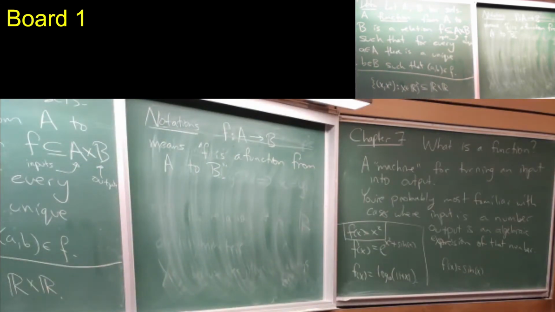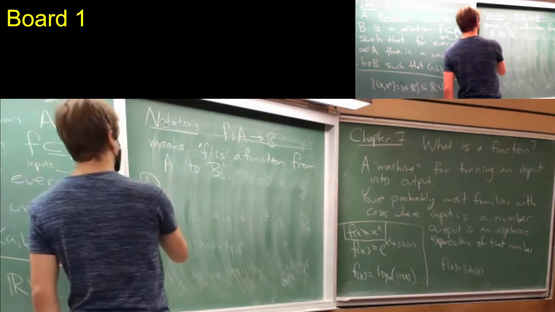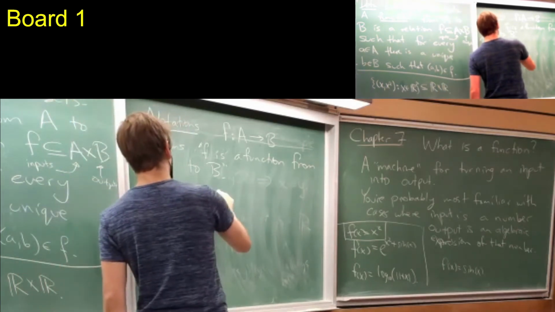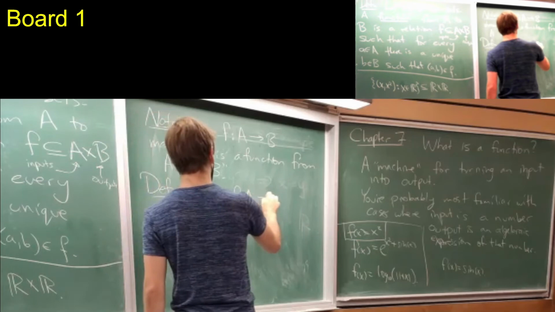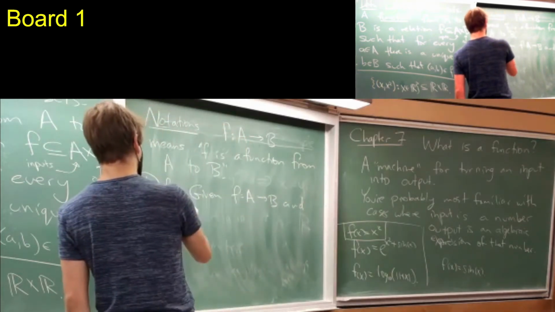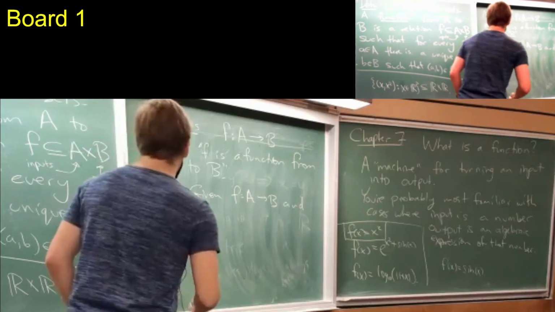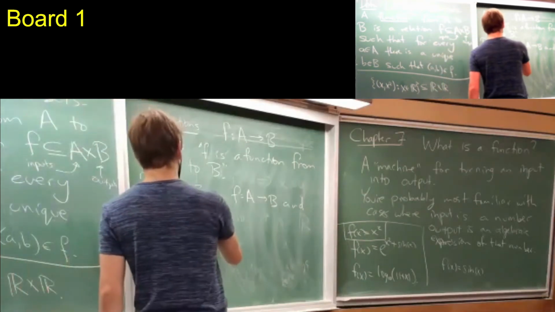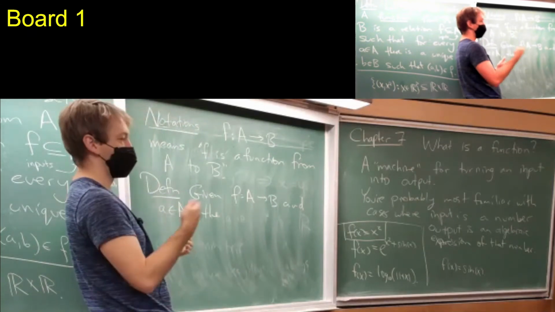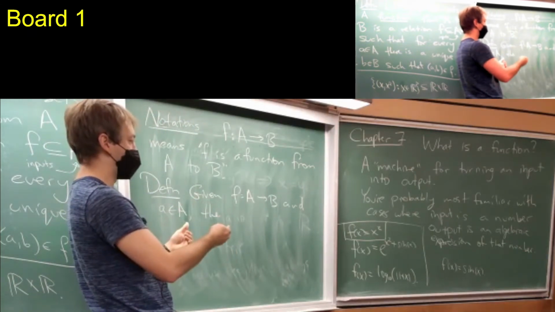Any questions about this so far? Okay, another definition. Given a function from A to B and an element of A, we define, because this is a function, for every a in A, we know there's a unique b such that (a, b) is in f.